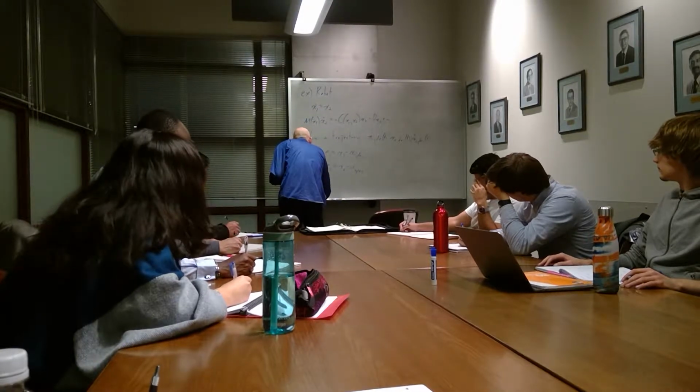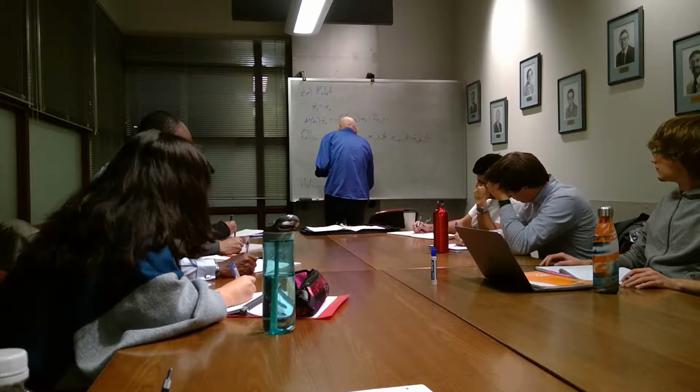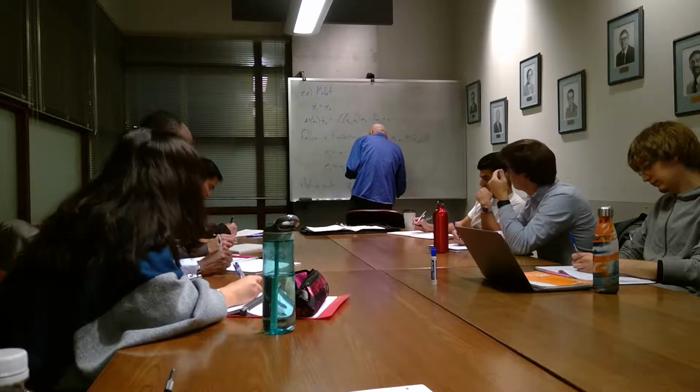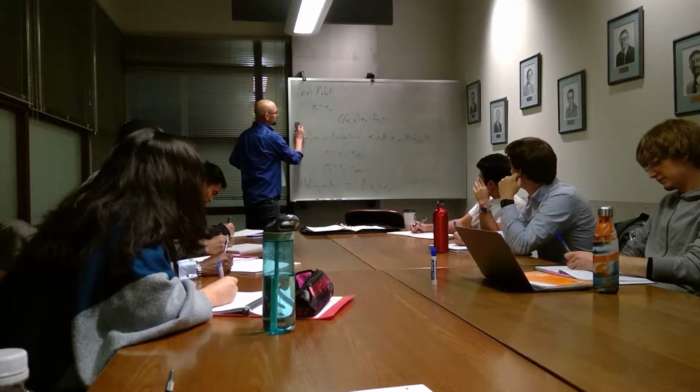So my sliding mode I'll define as Z equals lambda E1 plus E2, where lambda is just a positive constant.